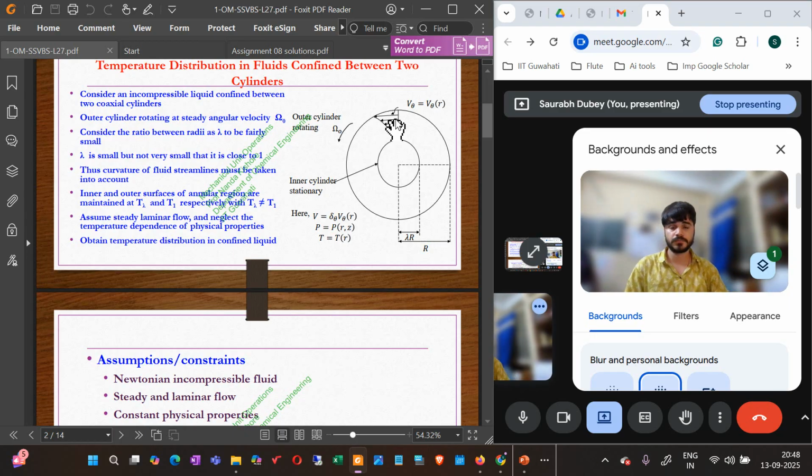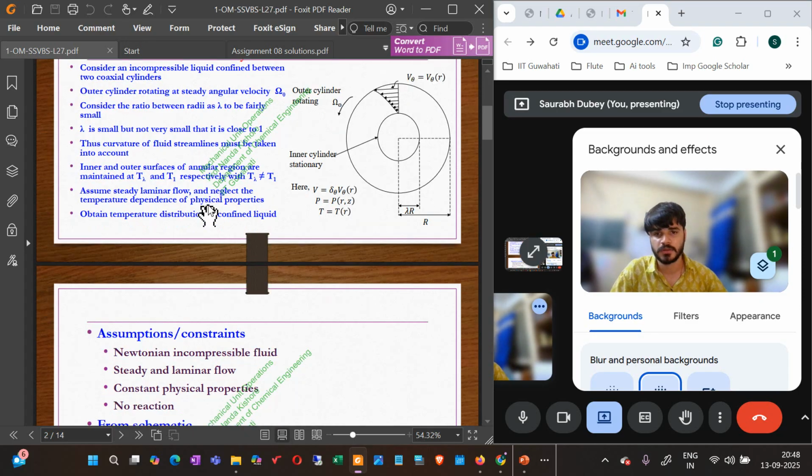Then the sixth point is that the inner and the outer surfaces of the annular region are maintained at temperatures T lambda and T1. So T lambda is not equal to T1. Inner is T lambda and outer is T1.